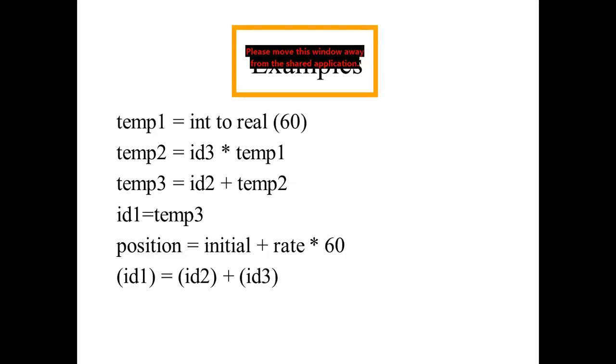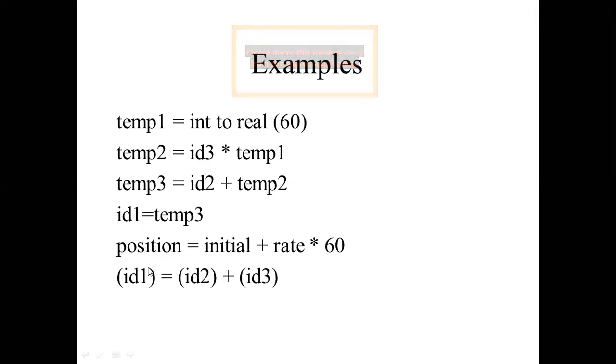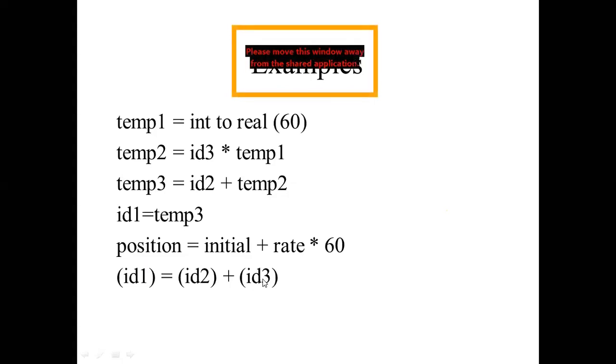Again come to the same expression, position is equal to initial plus rate into 60, temp2 is equal to id3 into temp1. So here we are converting position into id1, that is, position is identifier 1, initial is identifier 2, and rate is identifier 3.